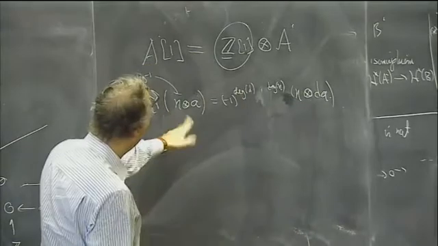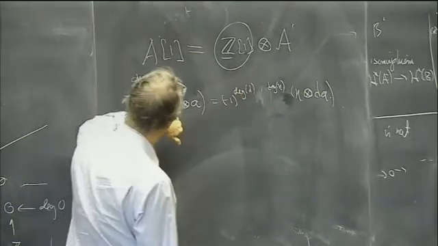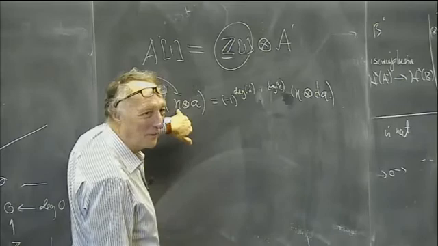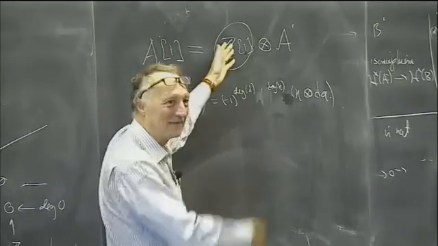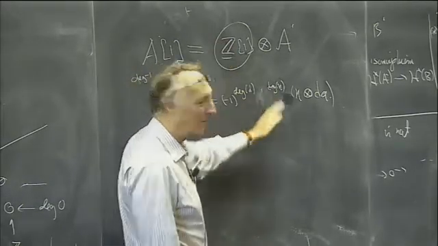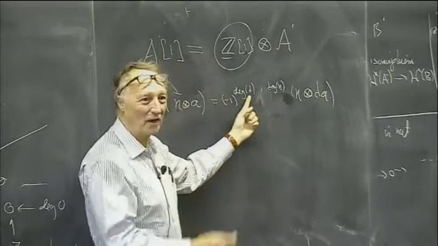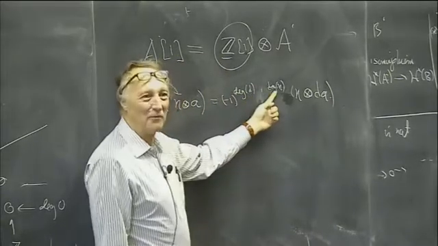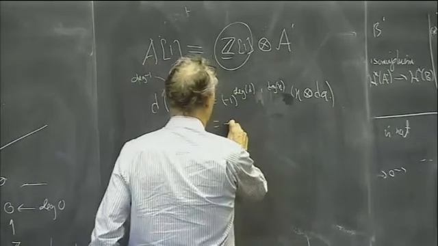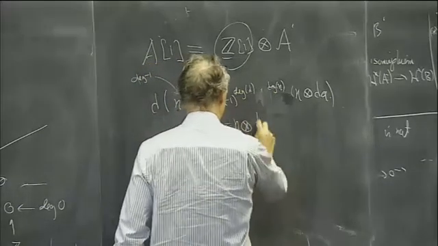Now, secretly I use something else, which is that d of eta is 0. D of eta is 0, so that's why there's only one term. And of course, D is a derivation, it's degree plus 1, and eta is degree minus 1. So this is minus eta tensor dA.